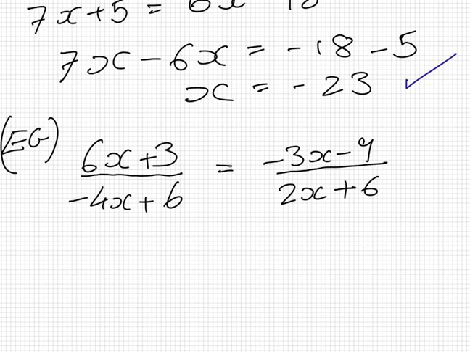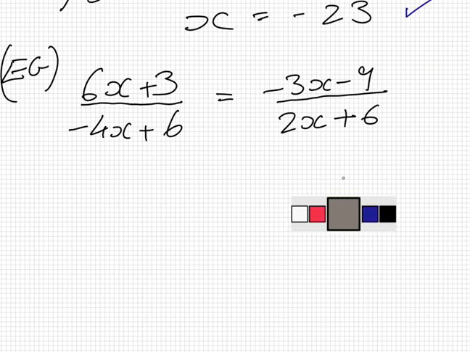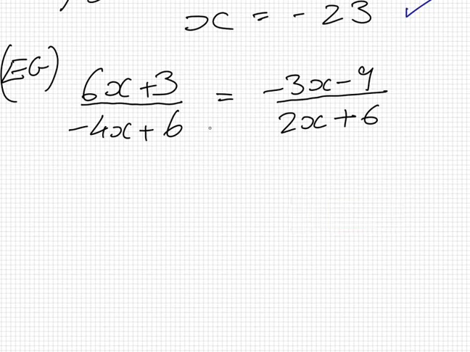Now I want to make sure I get this right. 6x plus 3 minus 4x plus 6 minus 3x minus 9, 2x plus 6. Really the same idea, but you have two denominators here. So this one comes up here to the right, and then this one here comes up to the left.